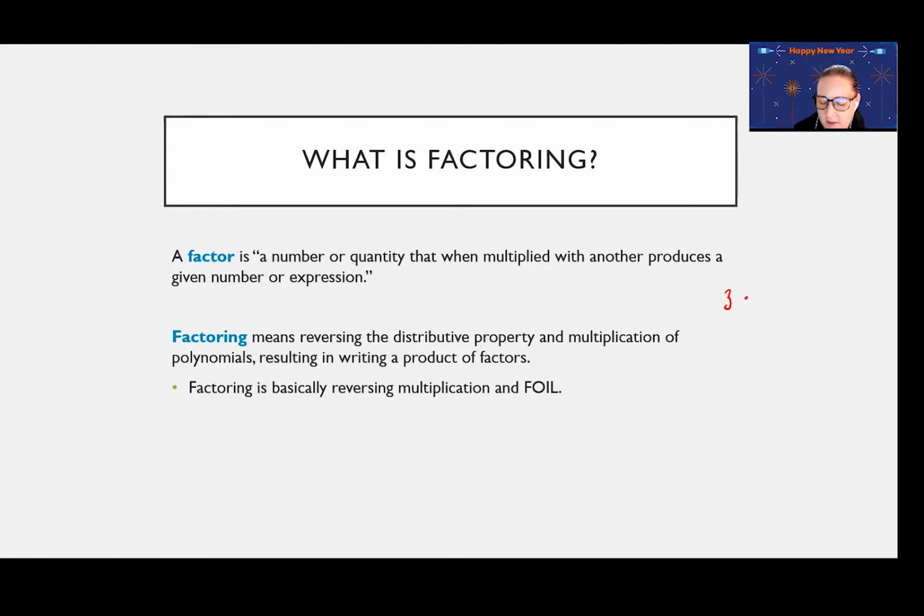Like if I have 3 times 15, and that gives me 45, 3 and 15 are factors of 45, because when you multiply them together, they get you 45. And there are different factors, like 9 times 5 also gives you 45. So those are also factors of 45. Factors are things that are multiplied together, but they're also the numbers that divide evenly into something else without a remainder.